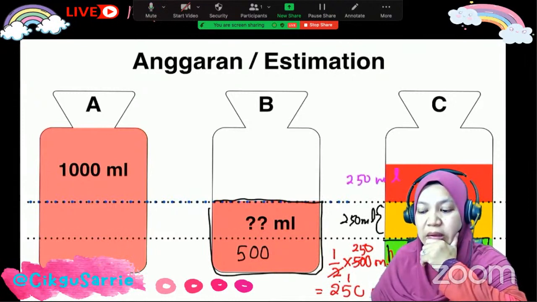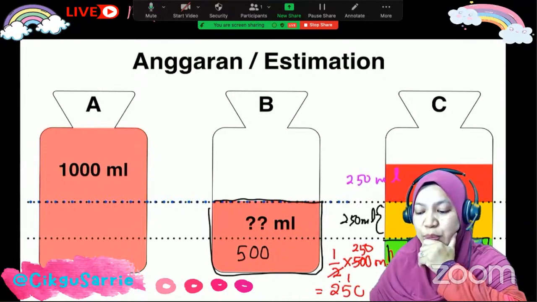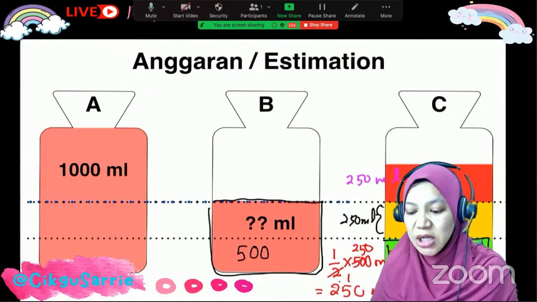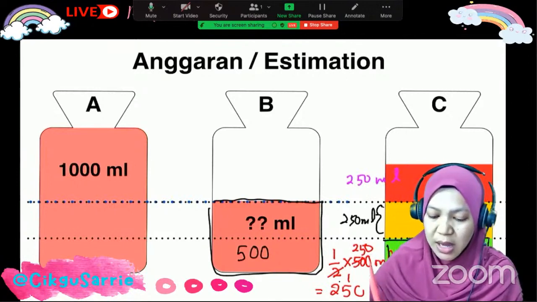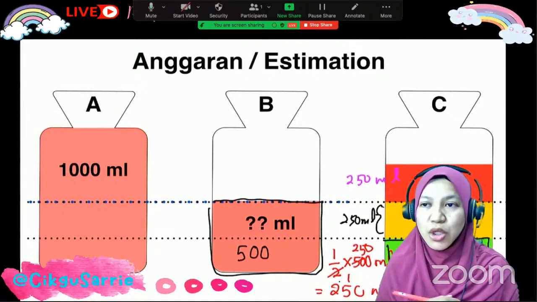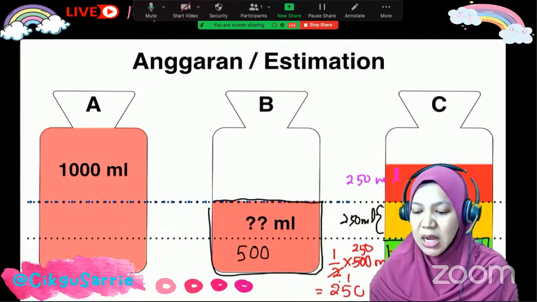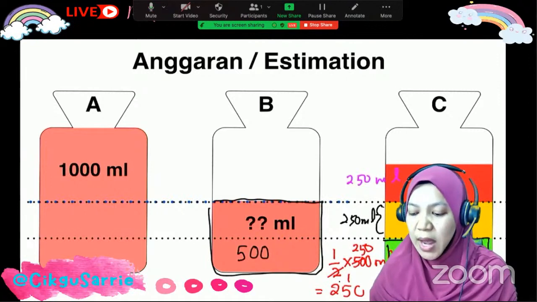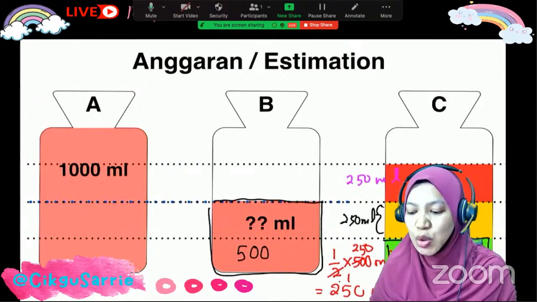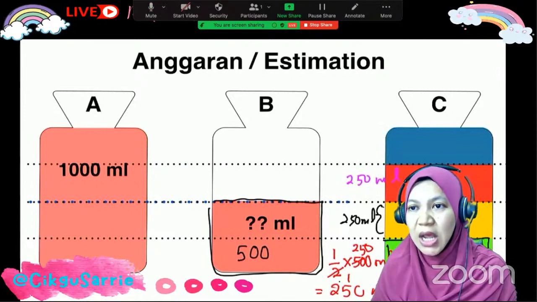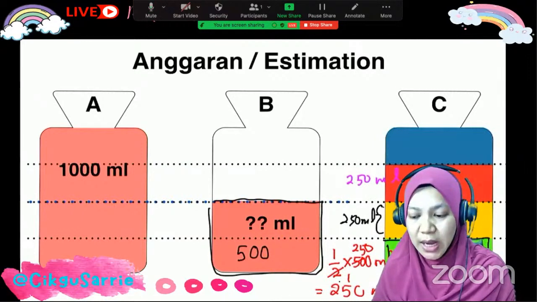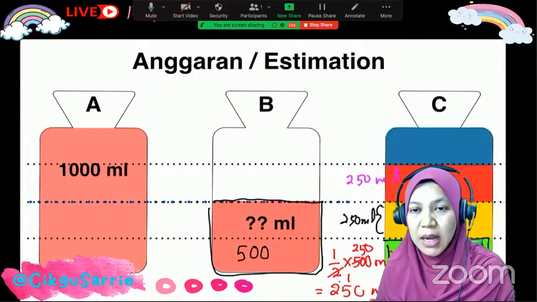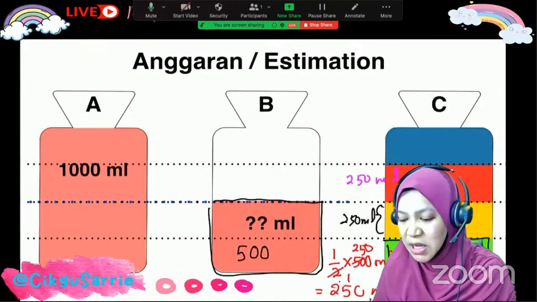Okay. So to make sure that the water in tank C is equal to tank A, or to make tank C 1000 milliliter, we have to add another 250 ml. So I hope you understand what I try to explain to you.